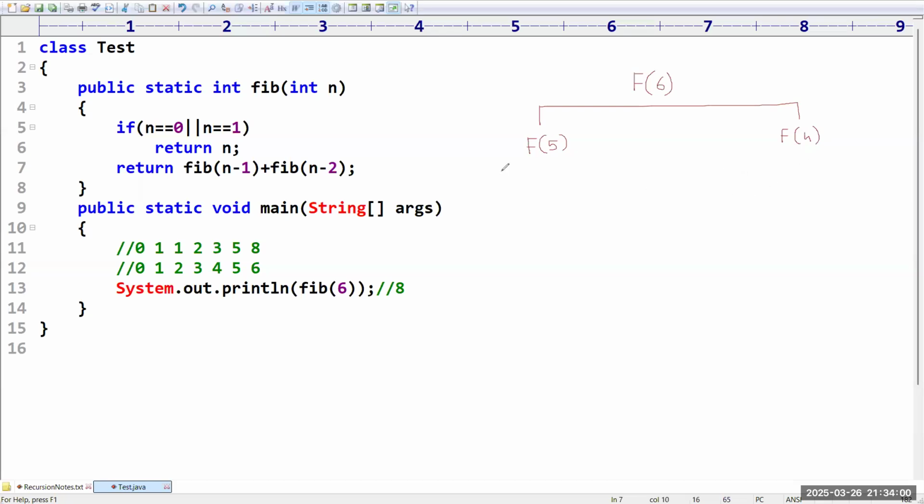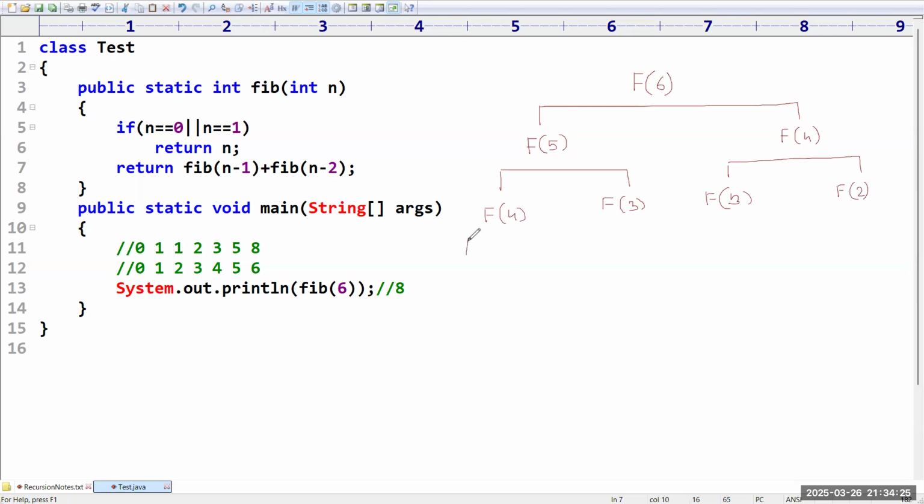Yes. Now for Fibonacci of 5, again 2 calls. For Fibonacci of 4, again 2 calls. F of 5 gives F of 4 and F of 3. F of 4 gives F of 3 and F of 2. Correct? Yes.